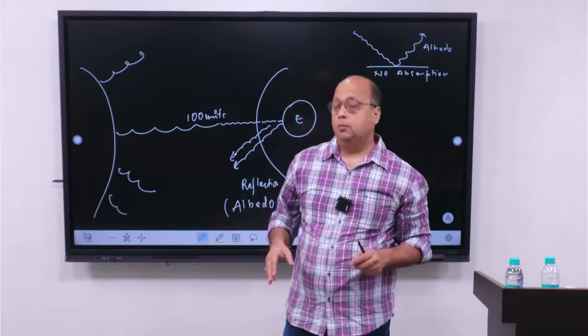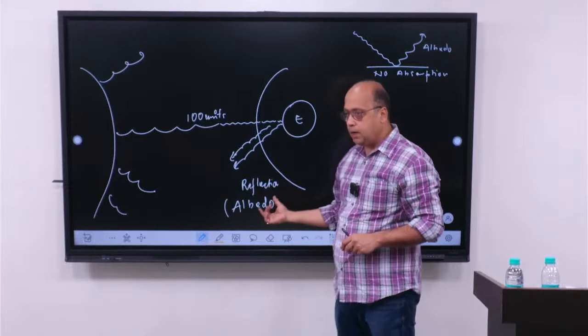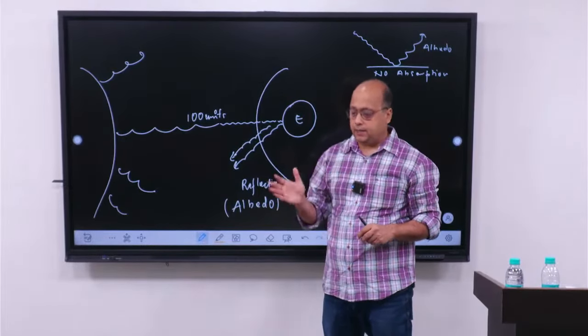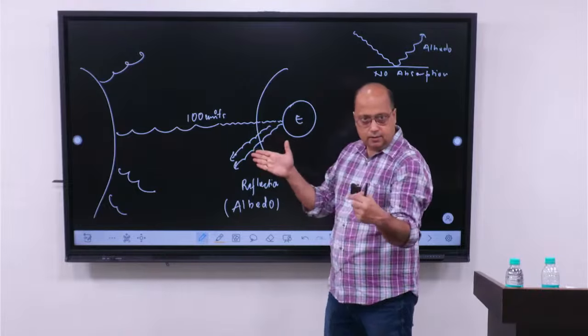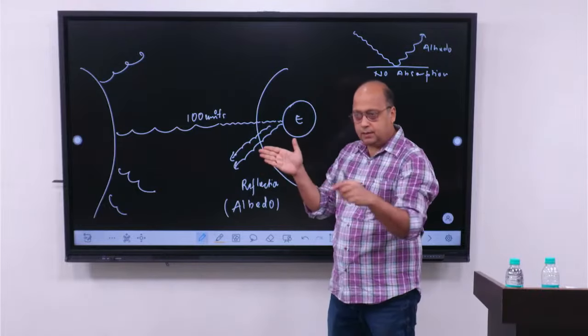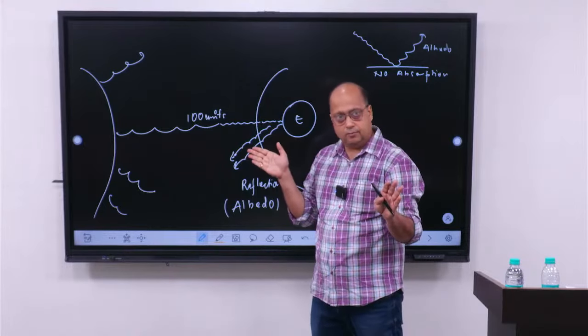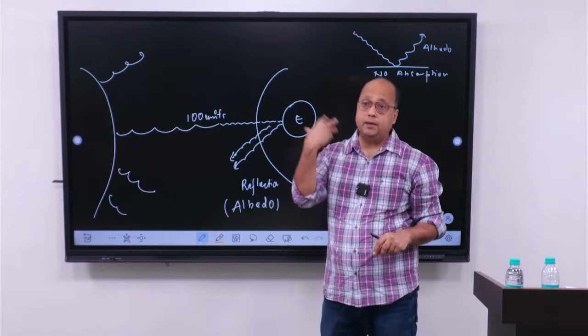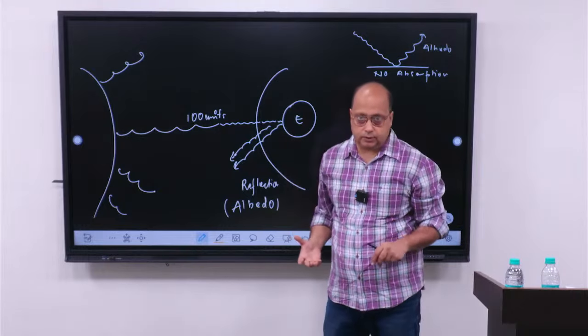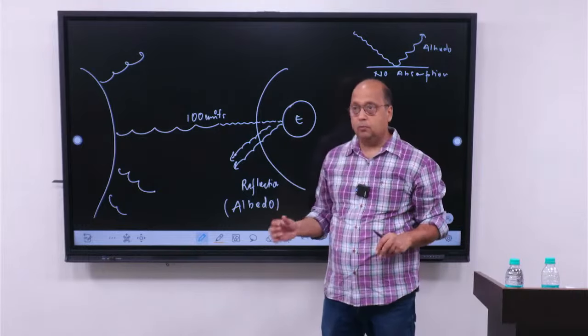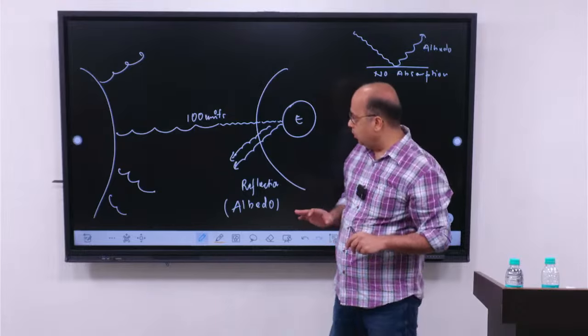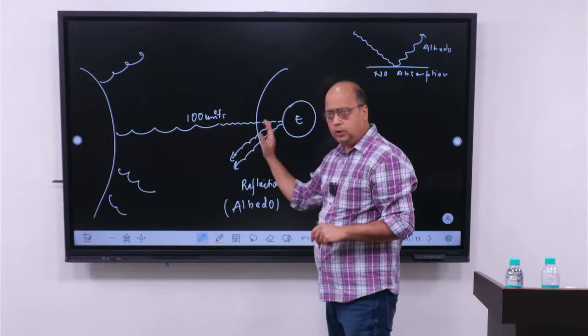Right? What is the value of this albedo? Due to reflected rays, have you noticed, when we have reflected rays, the surface will appear what? Dark or bright? Bright. It gives a shining brightness to the surface. More the albedo, more the brightness. So, not all is going to be absorbed.